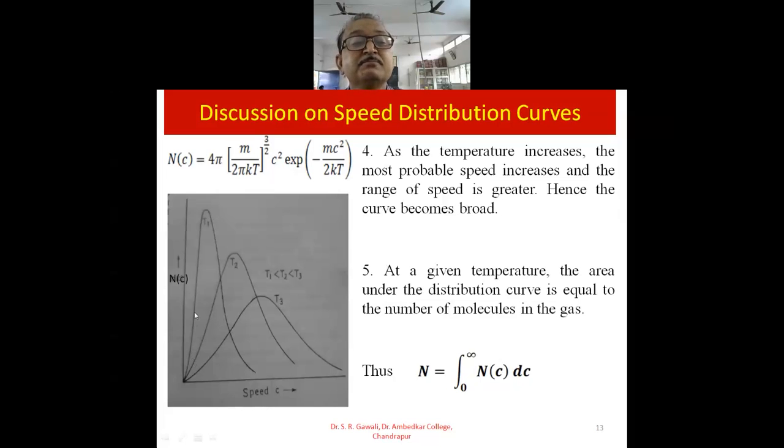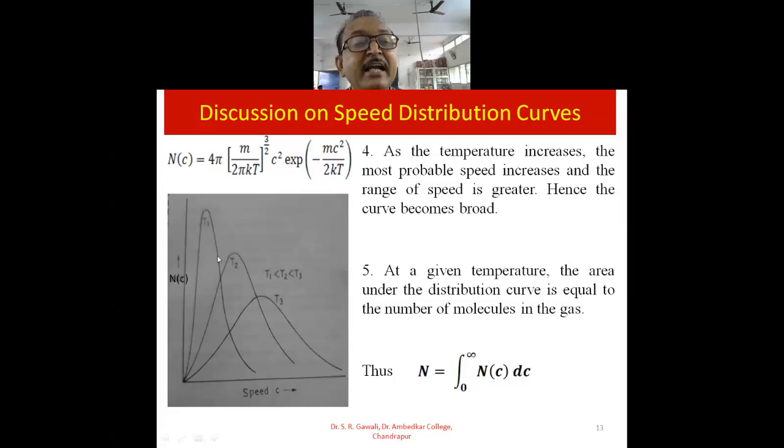You can see here, this is the particular Cm for a given temperature T1, and this is the maximum speed of the molecules of the gas for a temperature T2. Here the temperature goes on increasing from T1 to T3.